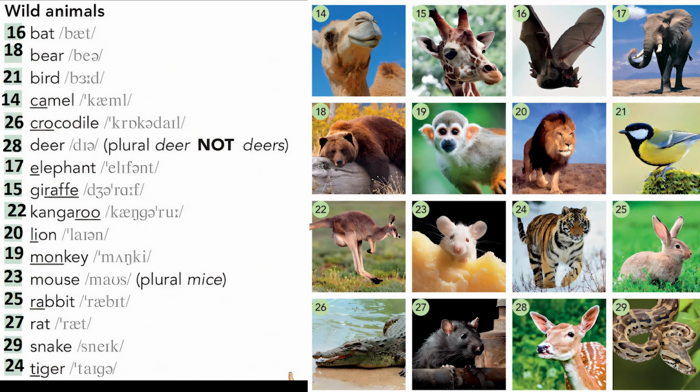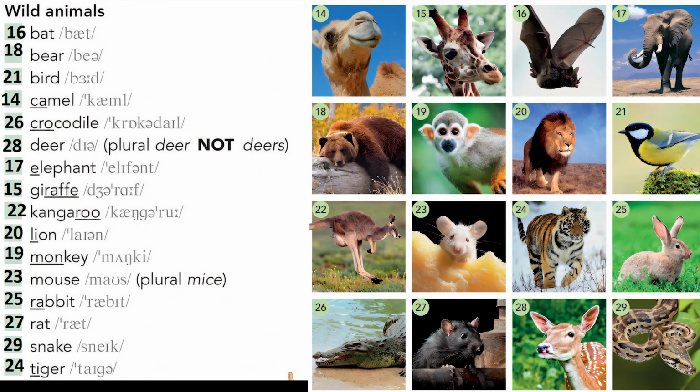Bat. 19. bear, 29. Bird. 12. camel, 13. Crocodile. 28. deer, 25.